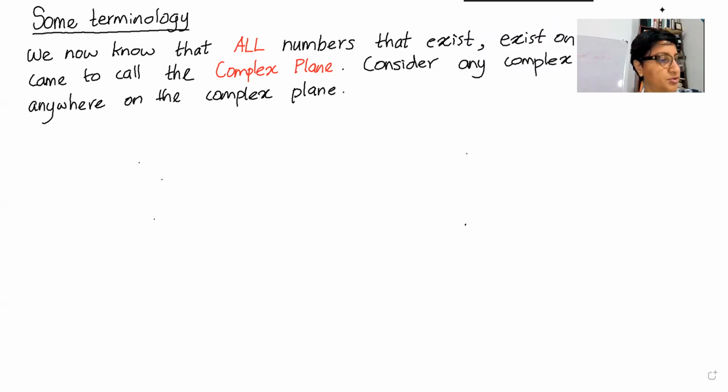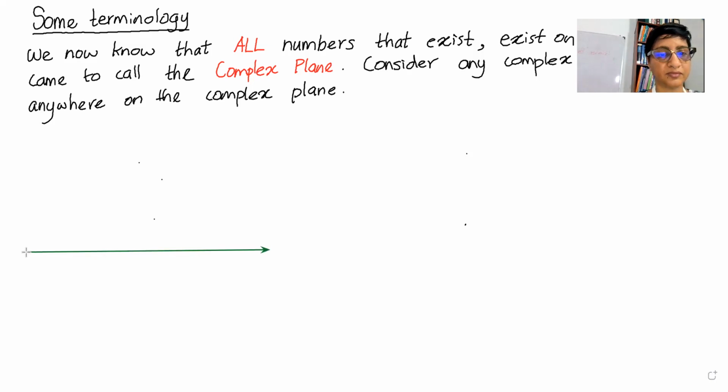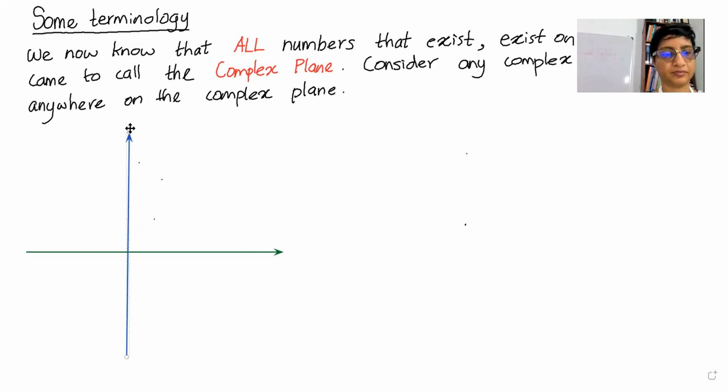Then let's draw a small complex plane. I will draw it here. Remember we were using green for the real line and blue for the imaginary line. Right?